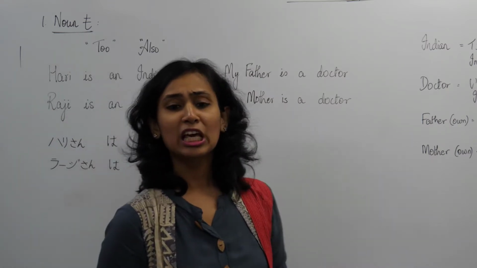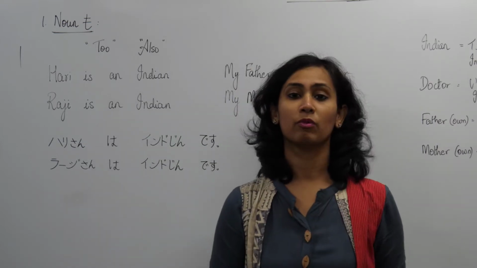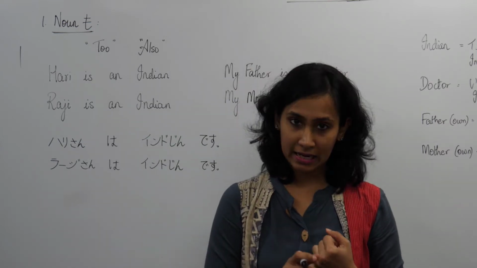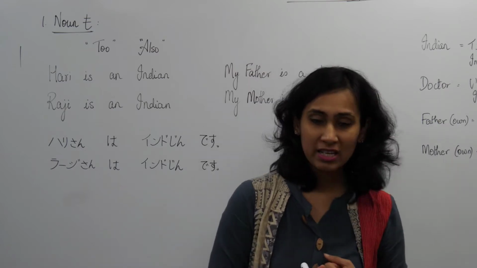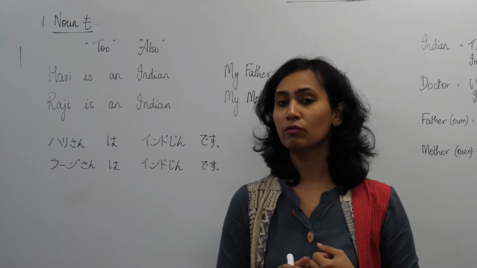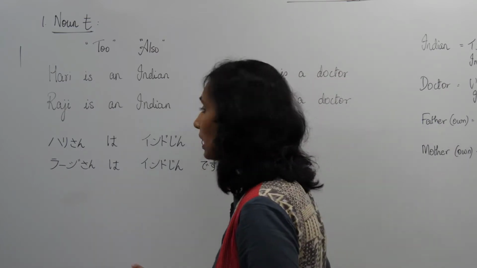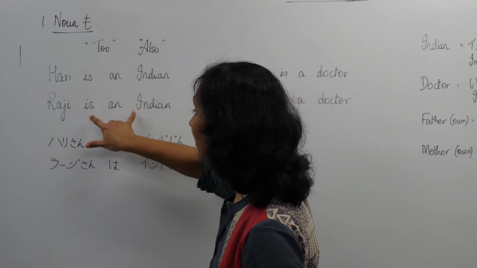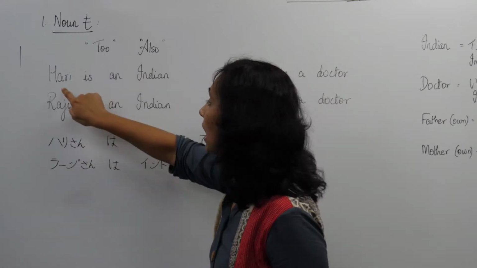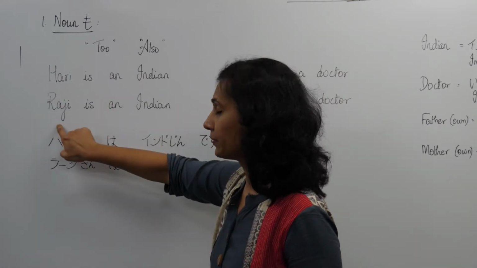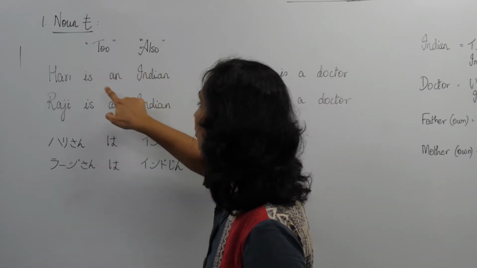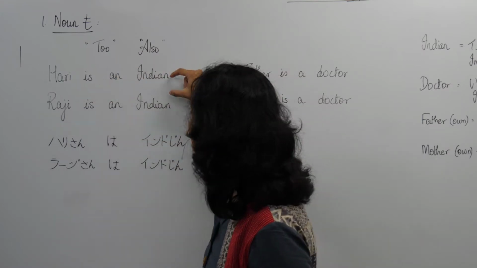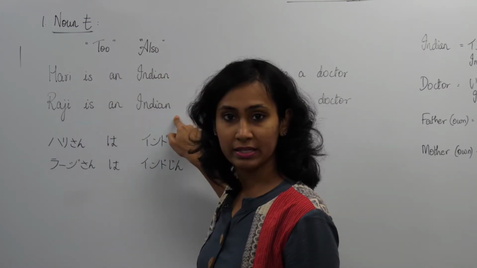Grammatically, if I'm speaking to someone and telling that Hari is an Indian, Raji is an Indian, generally we would say this as Hari is an Indian, and if the statement about the topic, let's take Hari and Raji as the topics here, the statement about the topic, that is Indian, is the same in both cases.